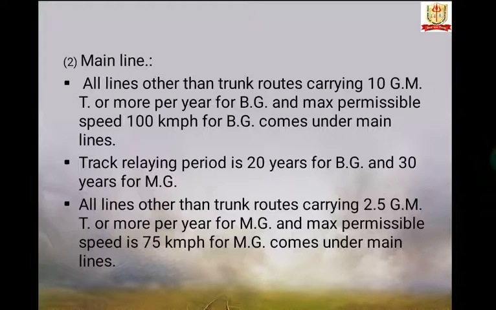And all lines other than the trunk routes carrying 2.5 gross million ton or more per year for meter gauge and maximum permissible speed of 75 km per hour for meter gauge come under the main lines. These are classified as main lines by the railway board.